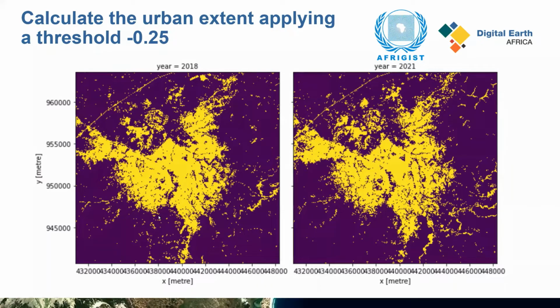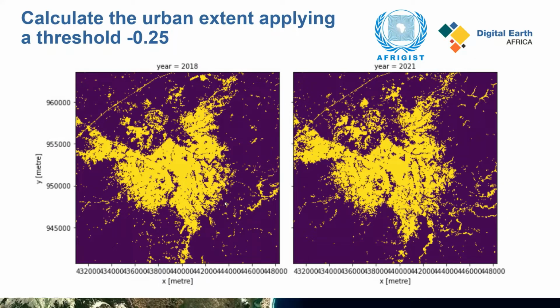So based on that threshold, you can see what happened here. All the urban areas are in yellow and the rest are in purple. So that shows you clearly, compared to the previous image on the geomedian that I've shown before, that there is extension of urban area along these places, and also somewhere around here.